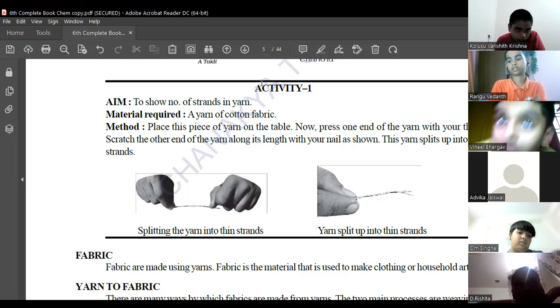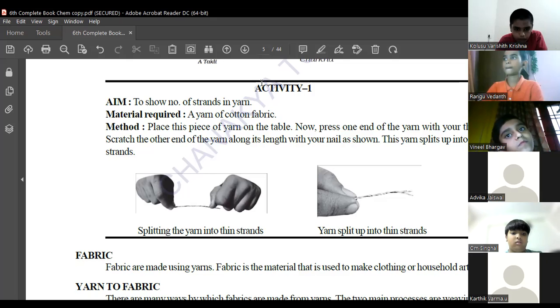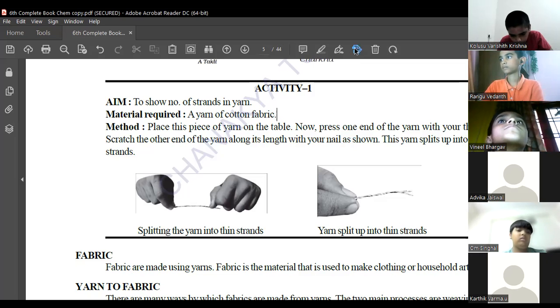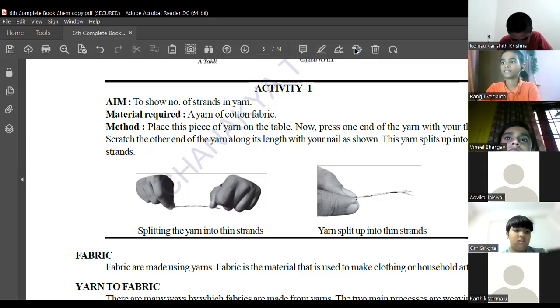I asked you already. So are we supposed to do it again? Yes, you have to do it again. Last time nobody did it properly. Only Vedant and Varshit took one thread and did it. Advaik also took one thread, but it's not a natural fiber. It is a synthetic one, so you cannot separate it into further fibers.